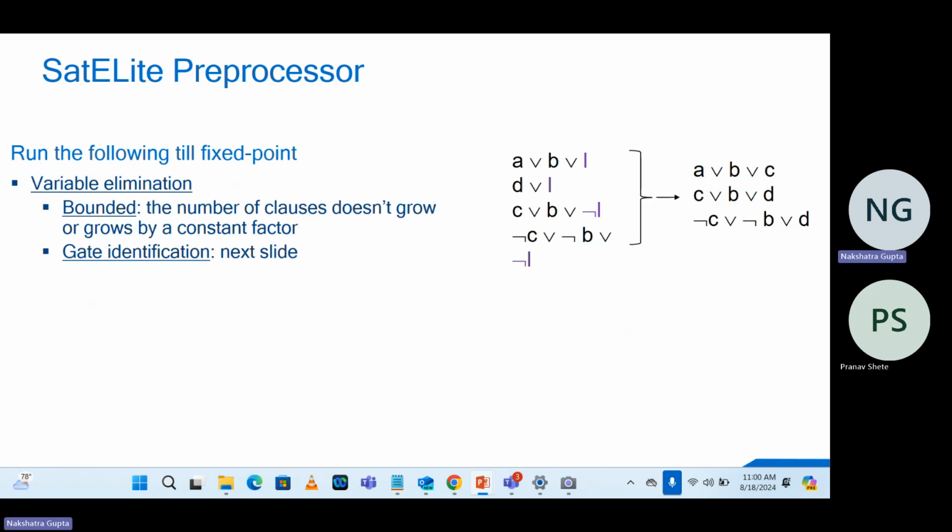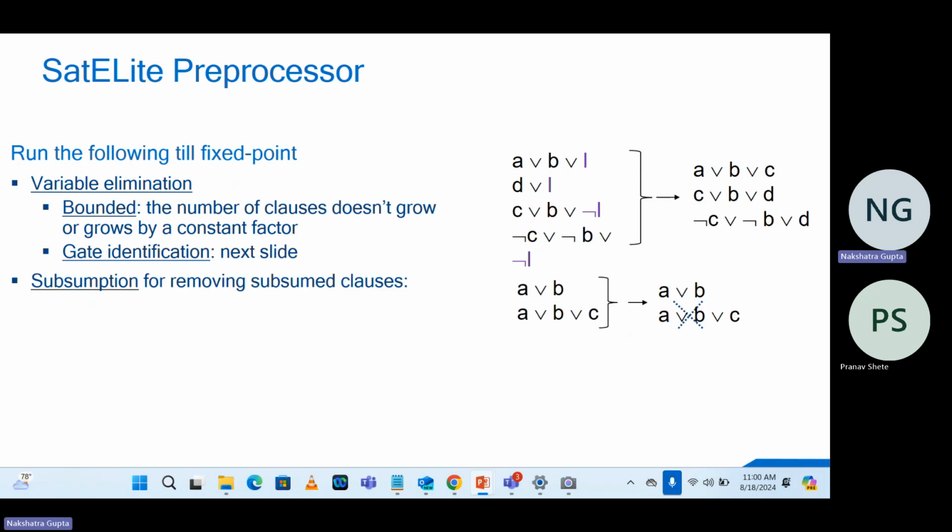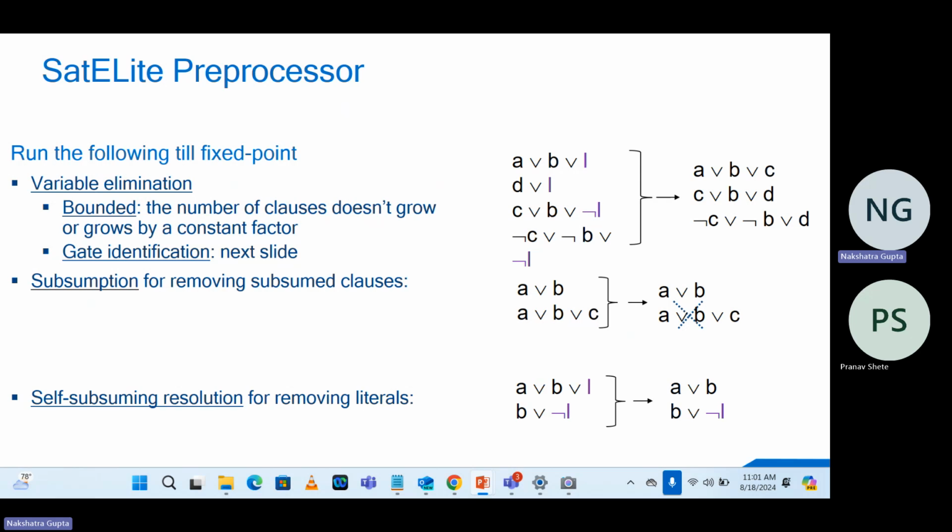First, bounded variable elimination: variable elimination, but only if the number of clauses does not grow, or grows by some bounded amount. We go through the variables, and if you can eliminate one without increasing the number of clauses beyond the limit, you do it. And then there is blocked clause elimination, which I will talk about next time.